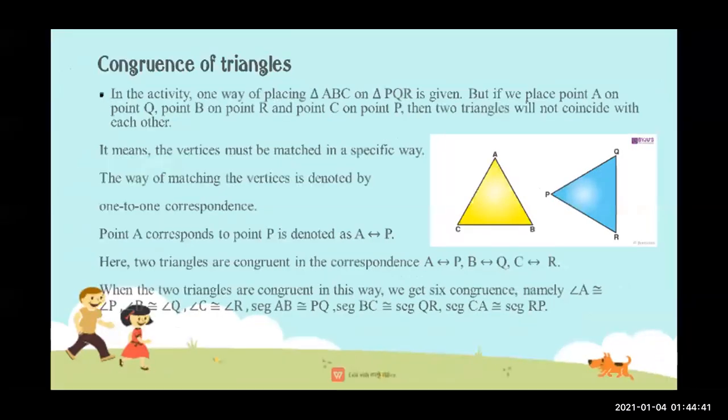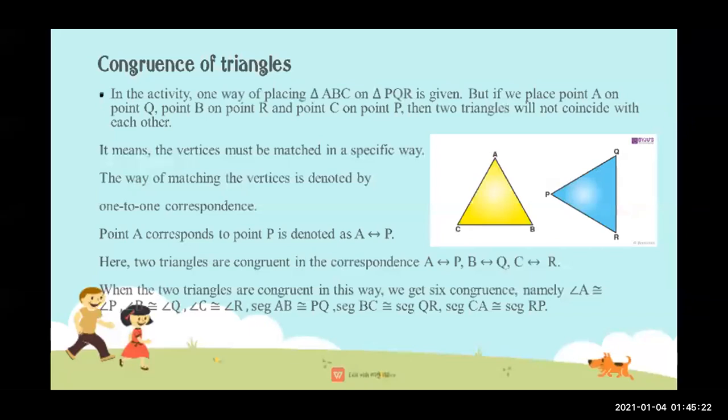Now, in the activity, one way of placing triangle ABC on triangle PQR is given. But if we place A on point Q, B on point R, and C on point P, then the two triangles will not coincide with each other. See, if we take the wrong points, it is not coincident.